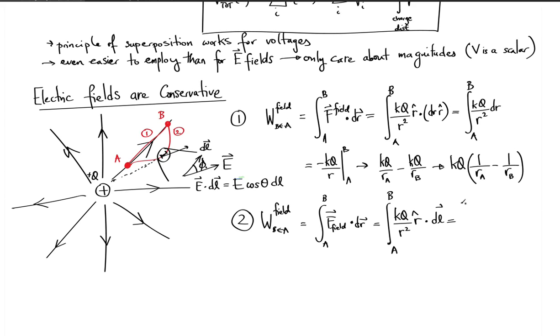So what we're going to write here, this quantity, is just going to be the integral from a to b of kQ over r squared. That's basically E, and then I get a cosine theta dl, where dl is this curvy path.